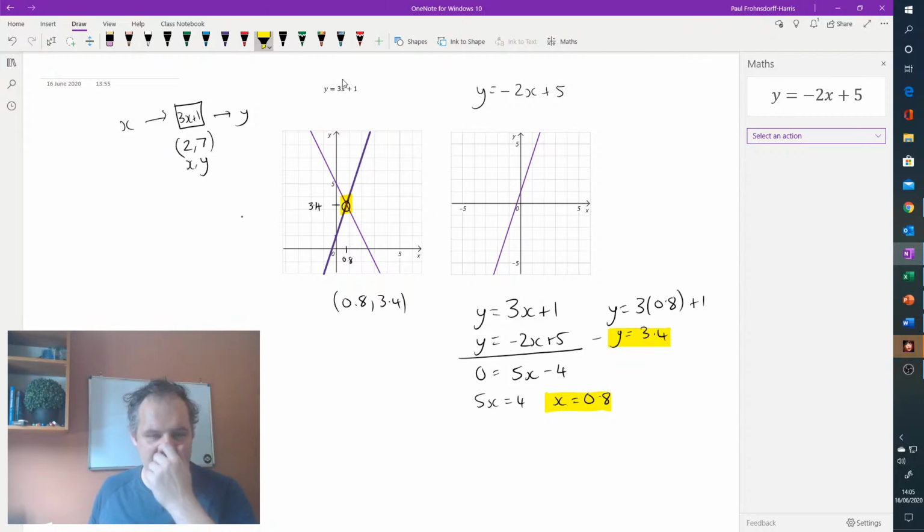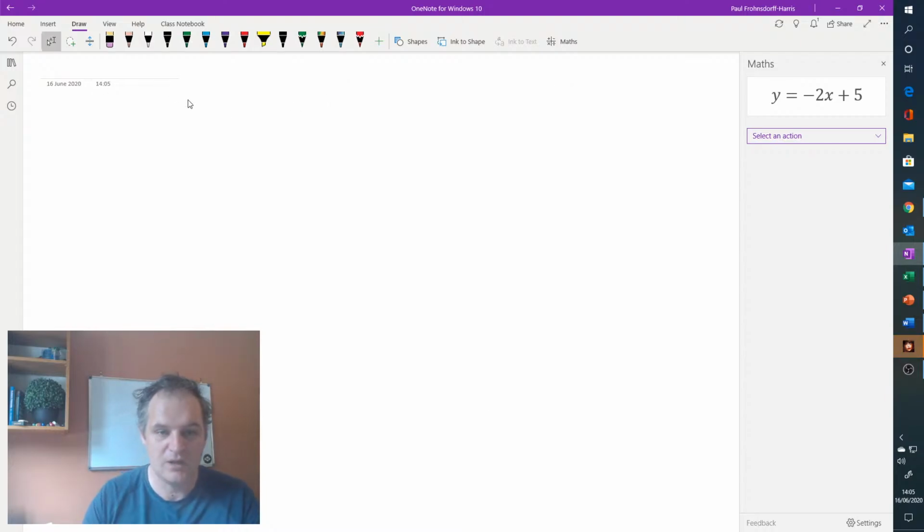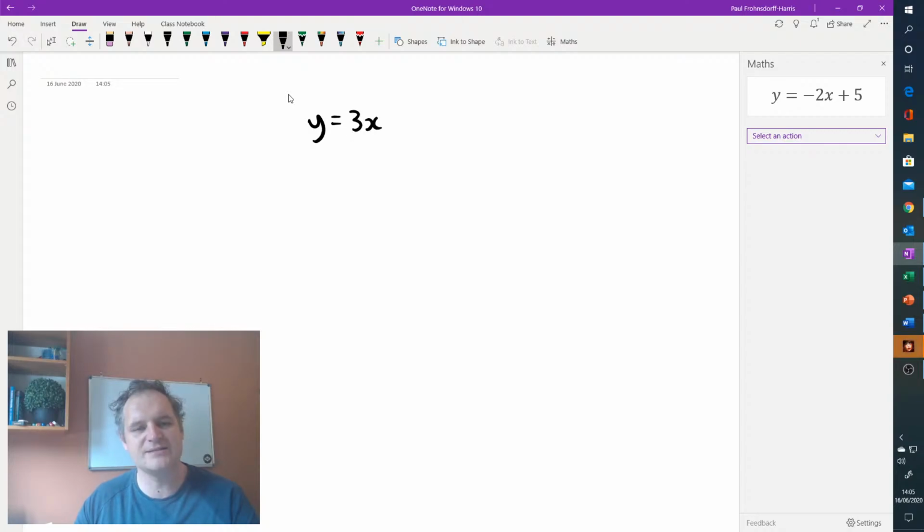Now, the next thing I can also do is something like this, not using the highlighter, Mr. Harris. y equals 3x plus 4 and y equals x squared plus 2x minus 3.